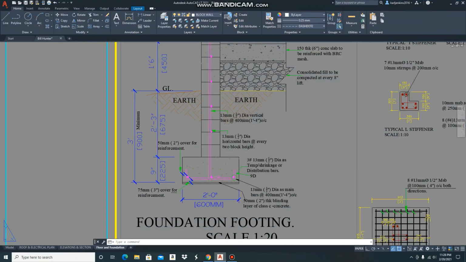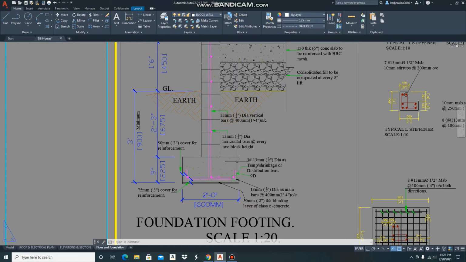As I was saying to you about your wall footing detail, your wall footing detail is very important. So you must pay keen attention to your rebar columns, your vertical reinforcement and your horizontal reinforcement.